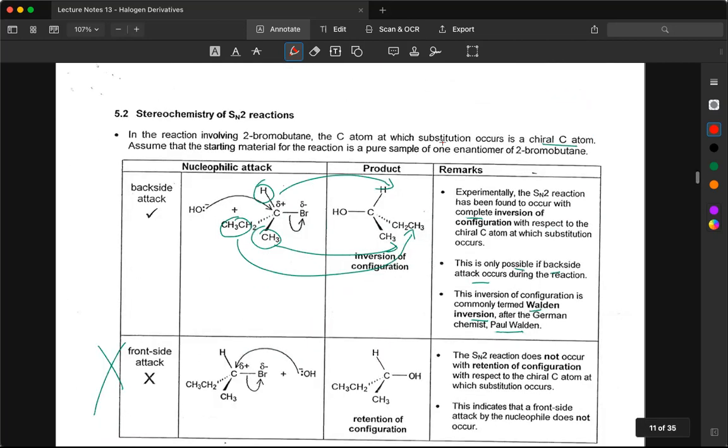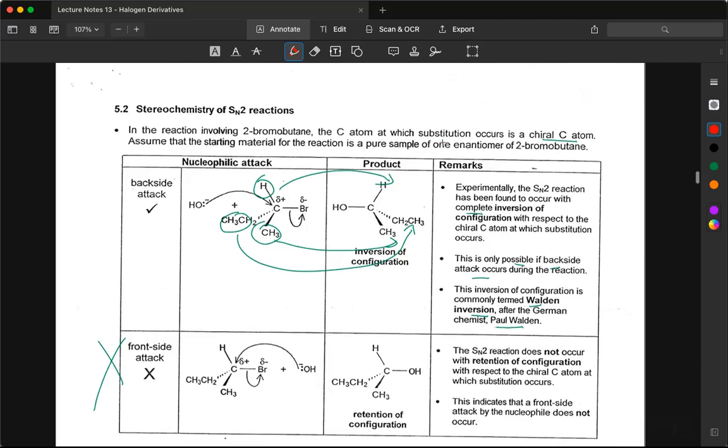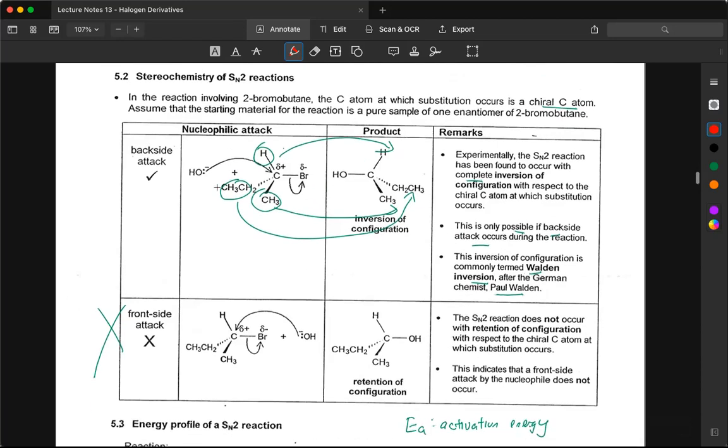Now, in the reaction involving 2-bromobutane, the C atom at which substitution occurs is a chiral C carbon. Assume that the starting material for the reaction is a pure sample of one enantiomer of 2-bromobutane. When the nucleophile attacks from the back, it leads to an inversion of configuration.